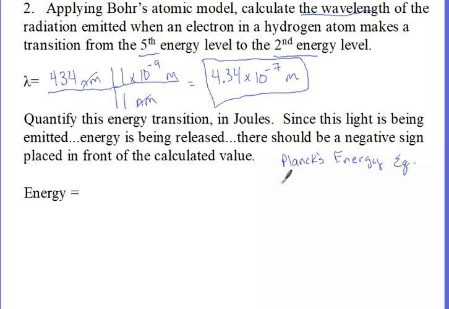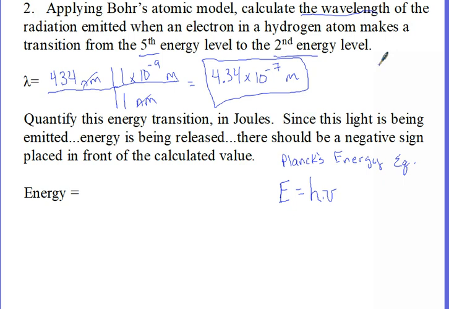So the first way that you'll see Planck's energy equation written is E as in energy. So energy equals, well, there's a constant called Planck's constant, which is represented by the letter H, and multiply Planck's constant by the frequency in hertz. So that's my formula.